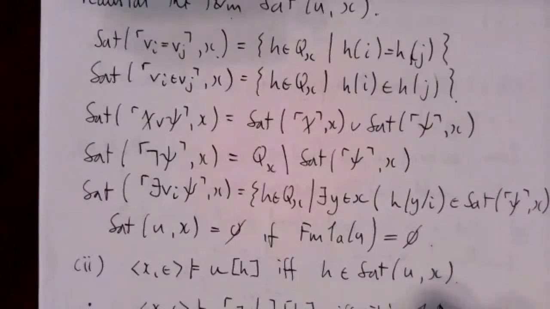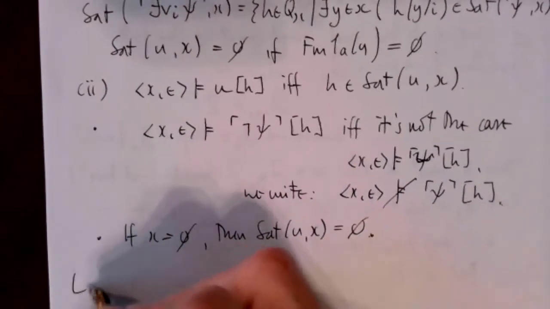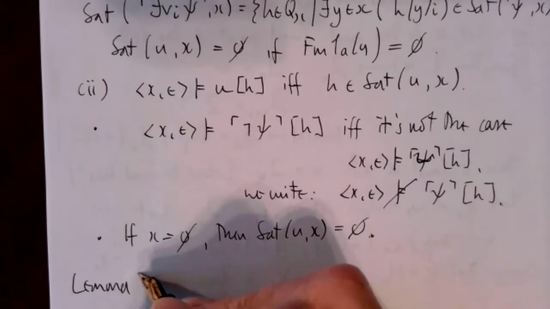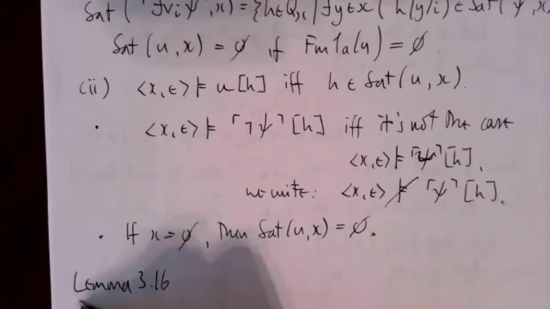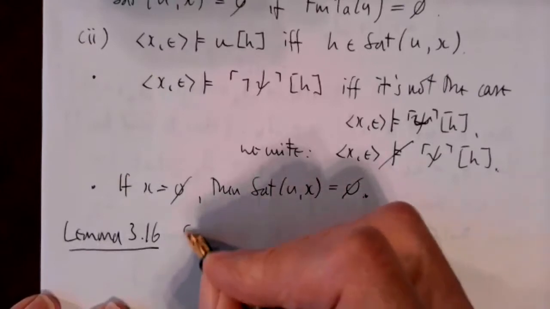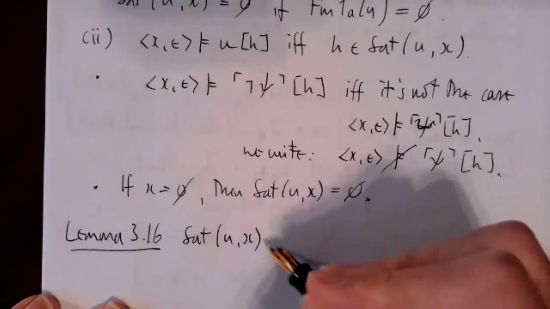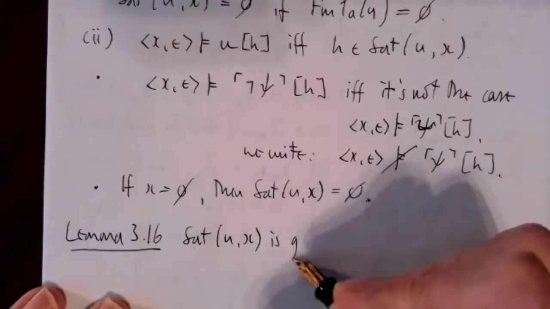So this is essentially the next lemma, 3.16 here. Sat ux is defined by definite recursion.